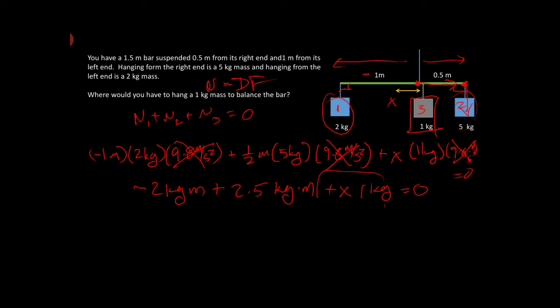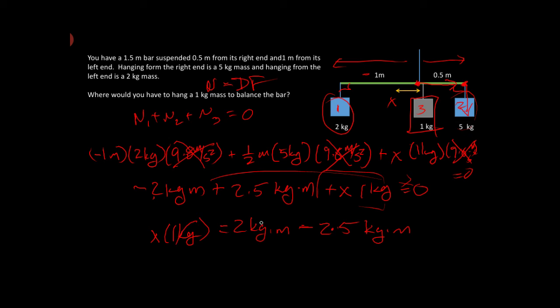Let's keep this one on that side and add the other stuff. So we have 1 kilogram times x is equal to, we move this over here, we change its sign, so it's 2 kilograms times meters, minus, because this one was positive, it's now negative on the other side, 2.5 kilograms times meters.